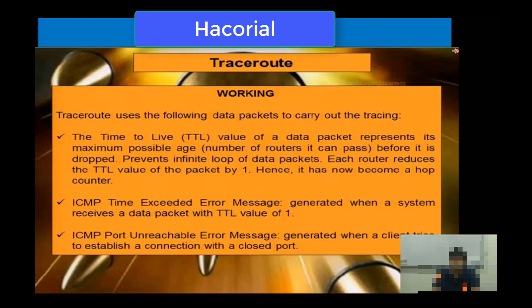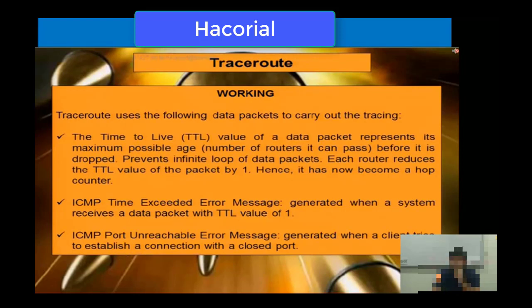data packet reaches. So, if my computer is sending some data to you, the data will have a TTL value. Say the TTL value is 100. Now, whenever the data packet reaches a router, the TTL value is reduced by 1. So, on my computer, it may be 100.